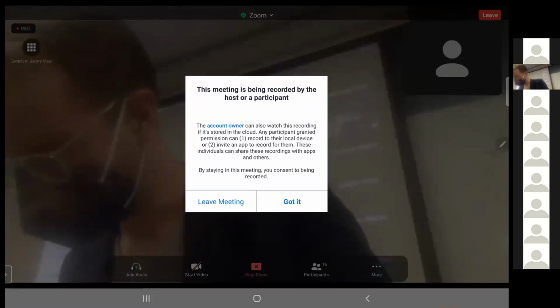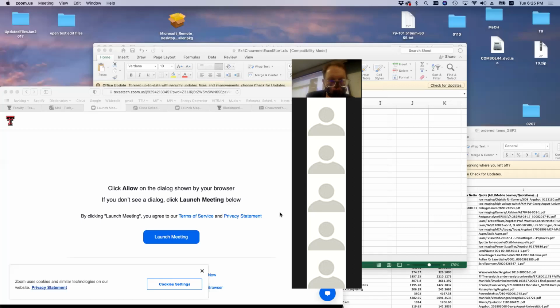So let me stop my share from my tablet and then go over to my laptop and share my screen. Let's see, which one do I want to share? I'll just go to share desktop 1. That should work. Oh, whoops, no, don't want to do that. Share. Okay, hopefully this works.